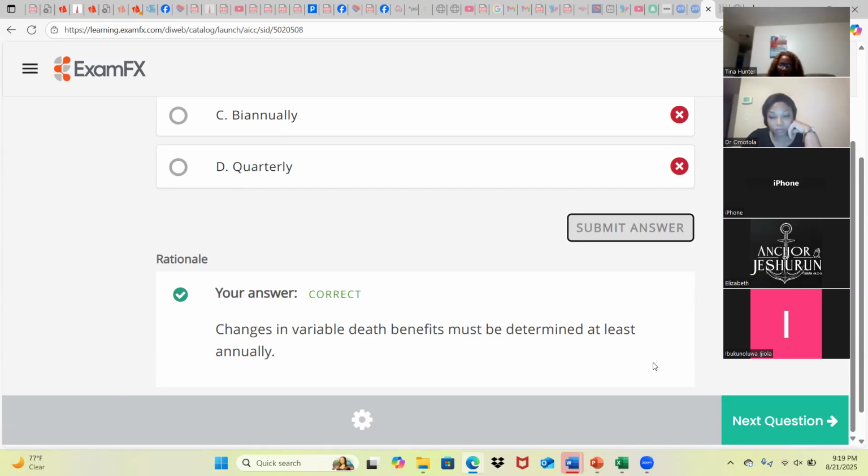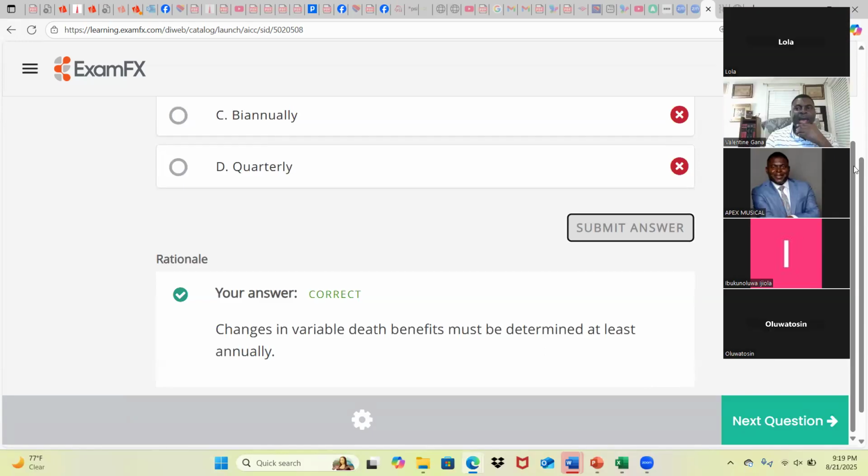Now, when it comes to this question, they might ask you from another angle. They might ask you, what are variable policies? Remember, variable policies exist in a way in which part of your premium goes to pay for a minimum death benefit, and part of your premiums go into an investment account that you have some say in directing. Those accounts are going to fluctuate because they're in the variable sector.